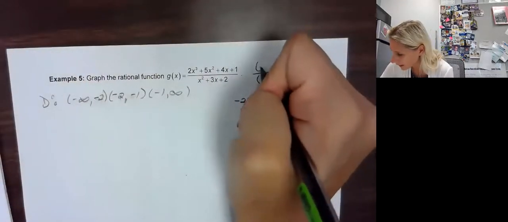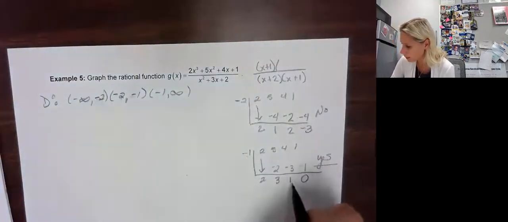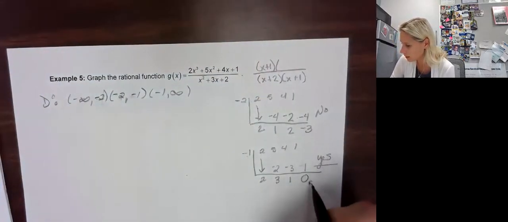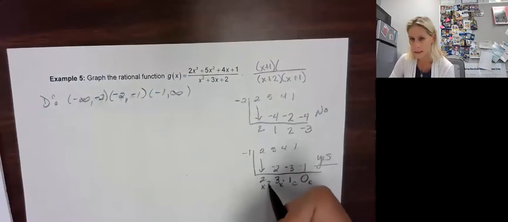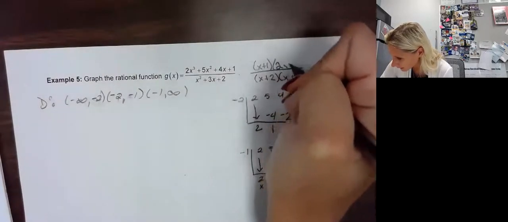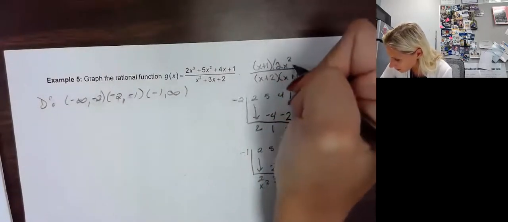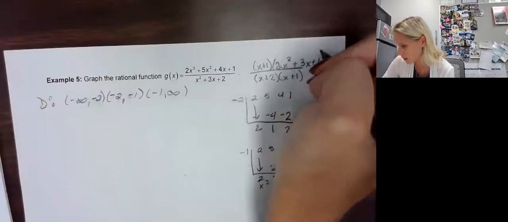So what does that mean? That means we have x plus 1 times, and remember, this is our remainder, our constant, so x to the first, x squared. So we have 2x squared plus 3x plus 1.